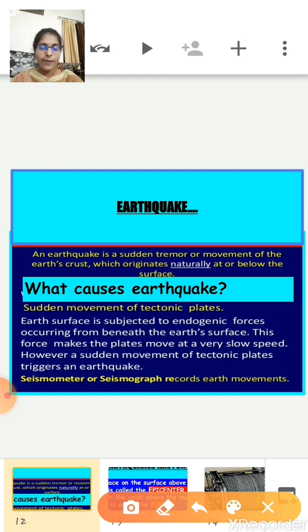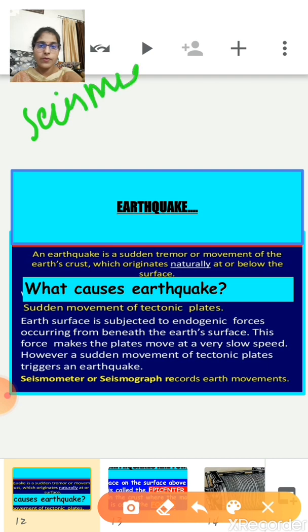So the sudden vibration caused by the movement of tectonic plates is called the earthquake. Now these sudden vibrations are called the seismic waves, and these waves travel over the areas.